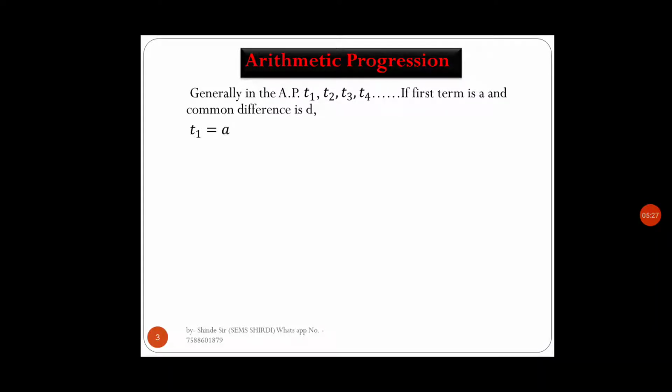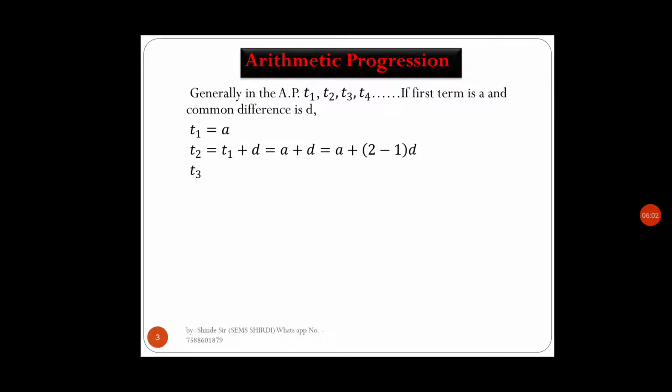Now we get T1 is equal to A. To find T2, T2 is equal to T1 plus D, the first term plus common difference, that is A plus D, which is equal to A plus 2 minus 1 into D. Why? Because for T2 we take 2 minus 1 into D. A plus 2 minus 1 into D means A plus D.